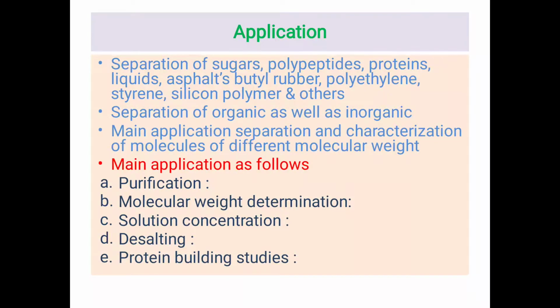The main application of exclusion, gel permeation chromatography is in the purification of biological macromolecules, that is viruses, proteins, enzymes, hormones, antibodies, nucleic acids and polysaccharides, which have been separated and purified using the appropriate gel or glass granules. Mixtures of lower molecular weight compounds may also be separated using exclusion chromatography.